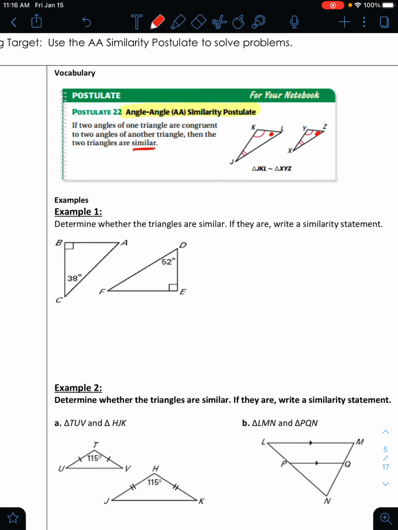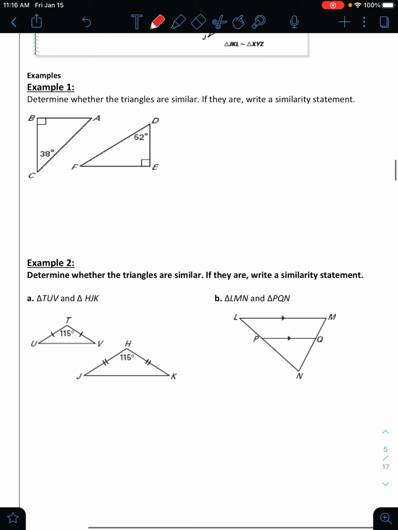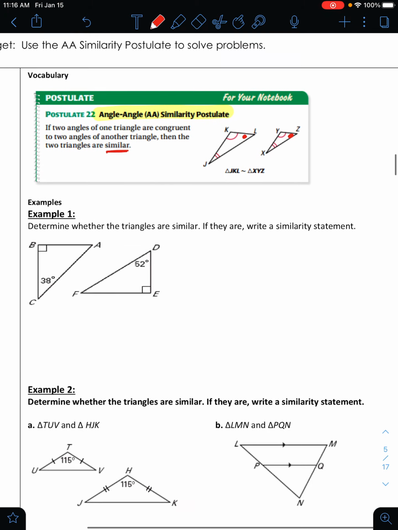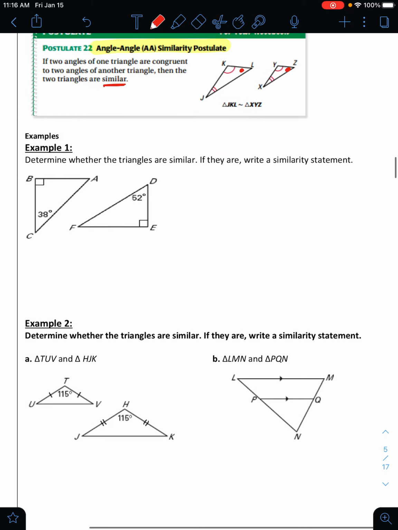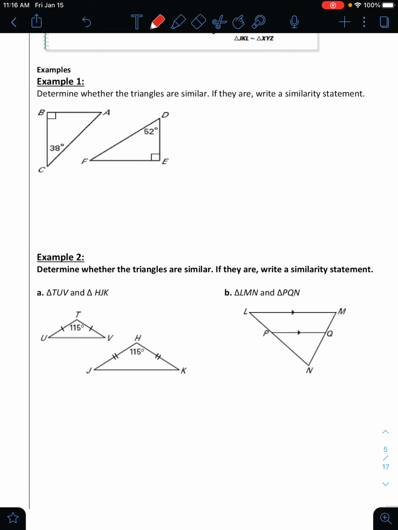Okay, so let's use that idea. Example 1, determine whether the triangles are similar. All we know right now is the AA postulate. If they are, write a similarity statement. So here's what I see. Angle B and angle E are congruent. We've got one. Now, I see 38 and 52, but I'm going to calculate the measure of angle A because maybe it's 52.